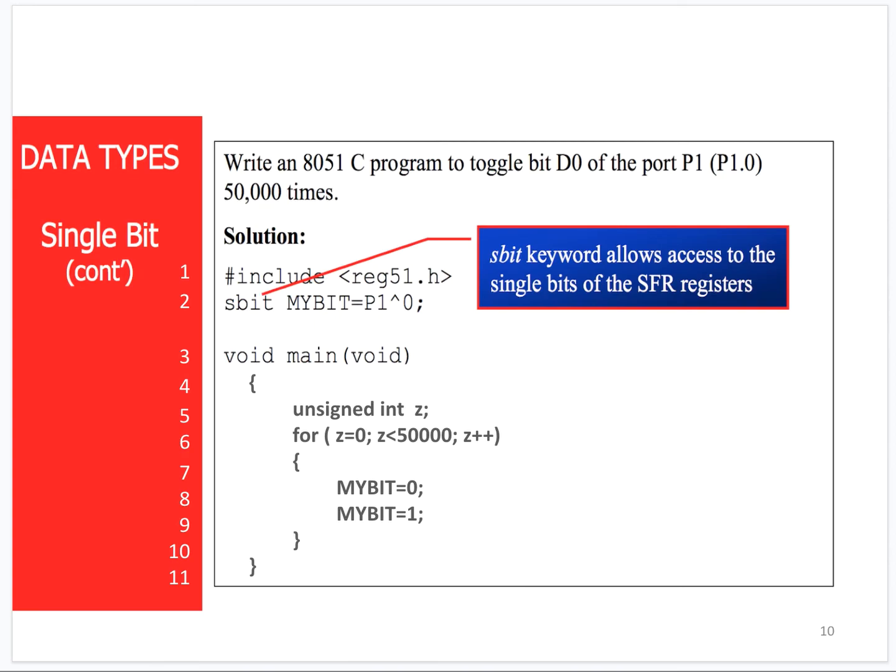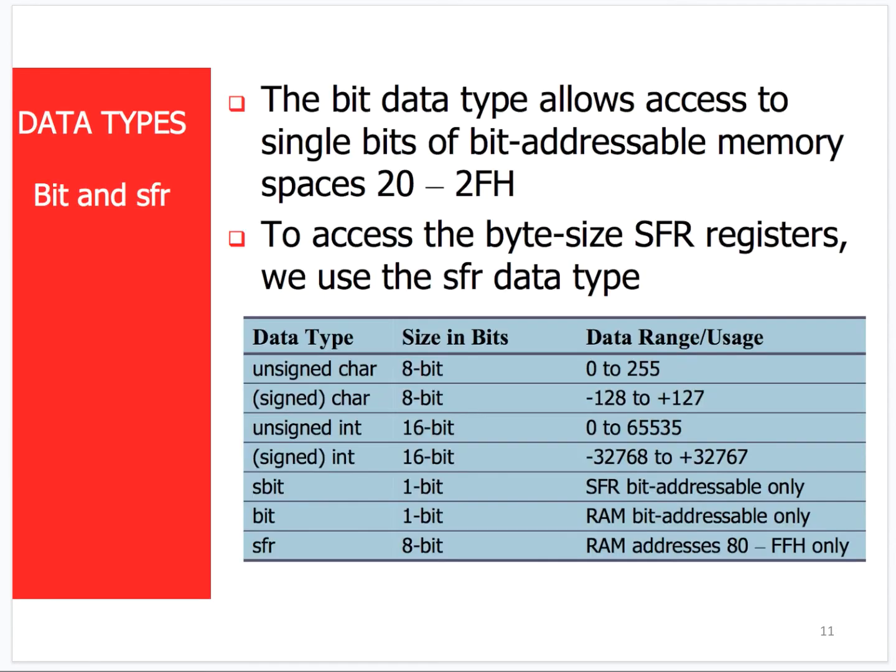This for loop statement will start from 0 up to 50,000 because of the less than or equal to 50,000 condition. z++ means add 1 to the variable z. So, it will repeat the two statements inside the for loop. That is, my_bit will toggle between 0 and 1. My_bit becomes 0, then 1, 50,000 times.